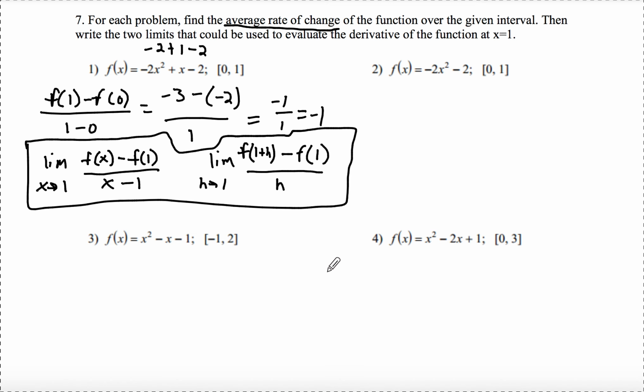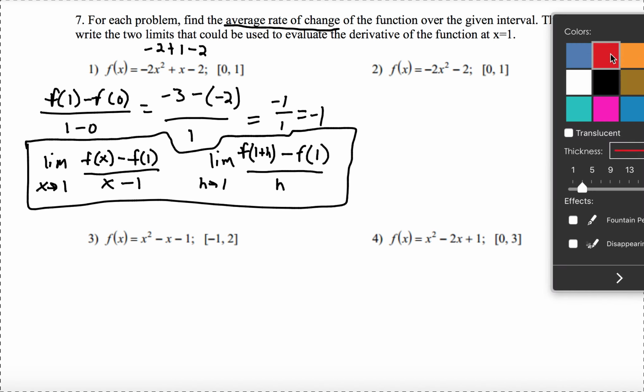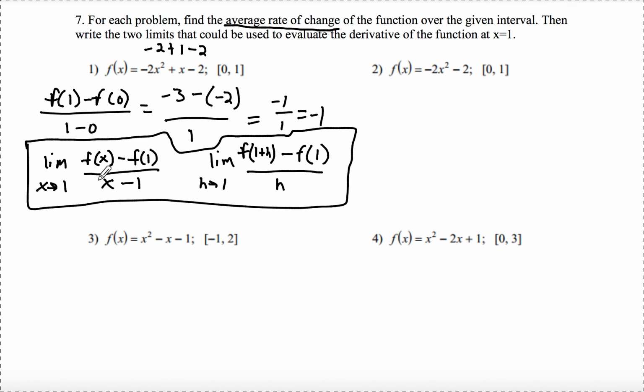Now, if we want to, we could go back in and actually plug in the values that we know from our function. For example, for this one I could say this is the limit as x approaches 1 of f of x, which is up here, negative 2x squared plus x minus 2, minus f of 1. And what is f of 1?